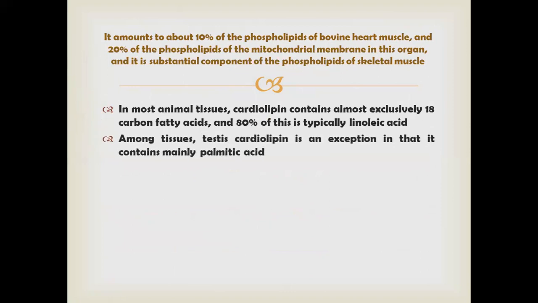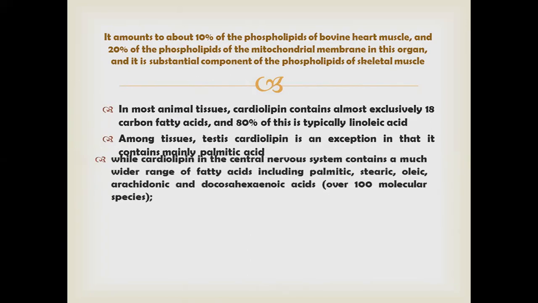Among tissues, testis cardiolipin is an exception in that it contains mainly palmitic acid. So cardiolipin में 80% जो fatty acid है वो linoleic acid है, but testis cardiolipin is an exception that contains mostly palmitic acid.